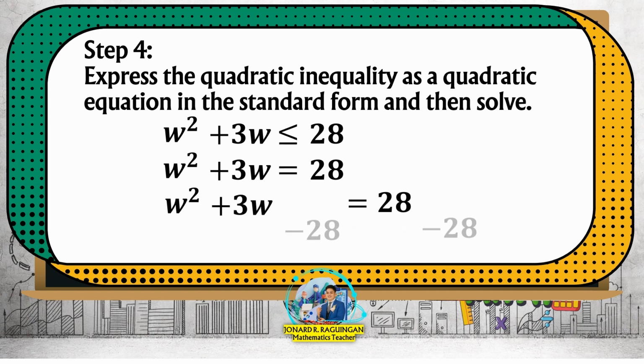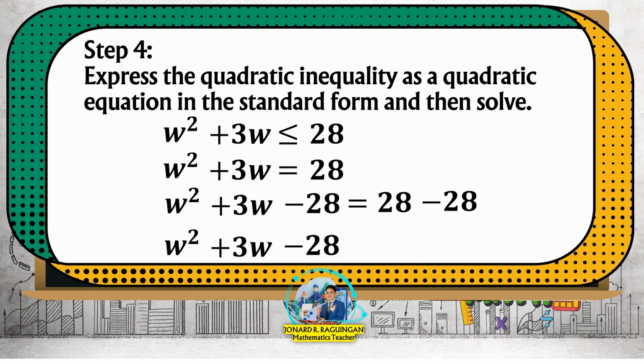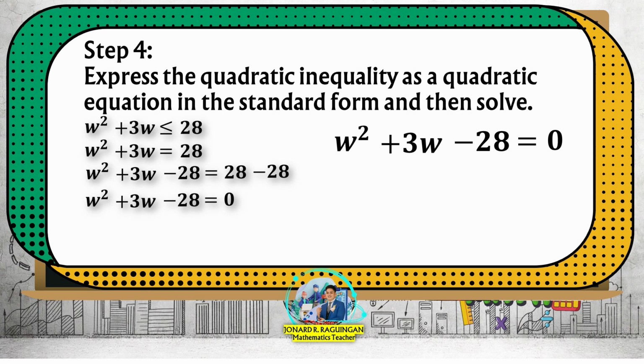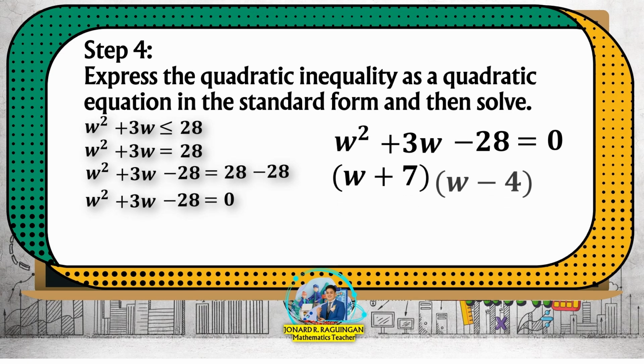By subtracting 28 from both sides, we get W squared plus 3W minus 28 is equal to 0. To solve this, we'll use the method of factoring. To find the factors, determine the factors of negative 28 whose sum is positive 3. These factors are 7 and negative 4. So, the factors are W plus 7 and W minus 4.